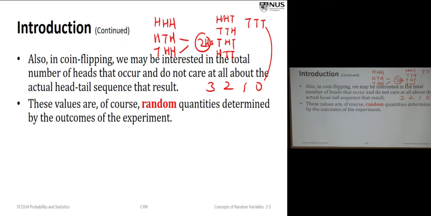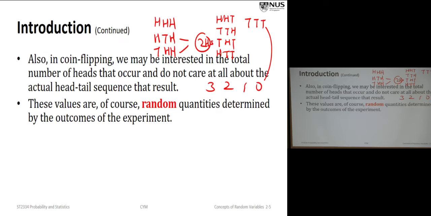Yeah, it's a bit confusing, right? Then how about the sequence? How likely do we see head, head, head? 3 heads. How likely do we see head, tail, head? Are they with the same probability? Yes.